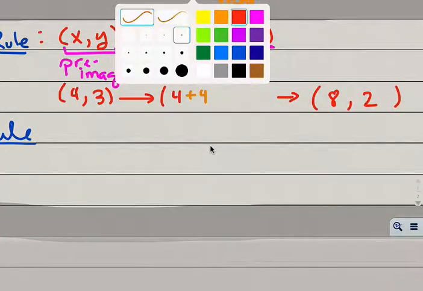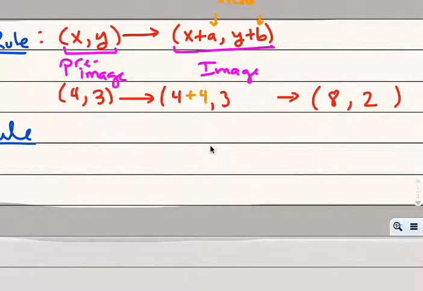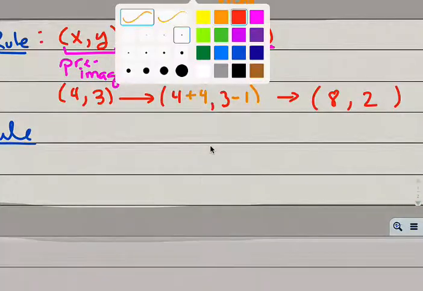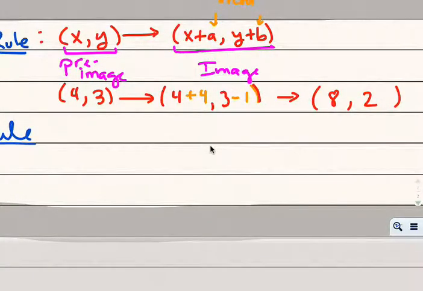And then we took our y value, which in this case was 3, and we subtracted 1 from it. So the adding of 4 and the subtraction of 1 give us the distance and the direction, hence the vector of our movement.